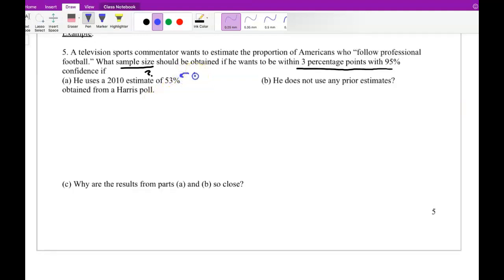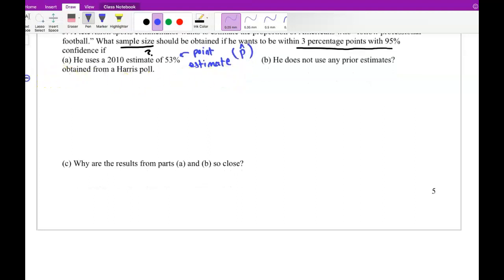So this is the point estimate, p hat. For 95% confidence, we need to find the critical value, because to find sample size we need to have the critical value. This is equal to z alpha over 2.